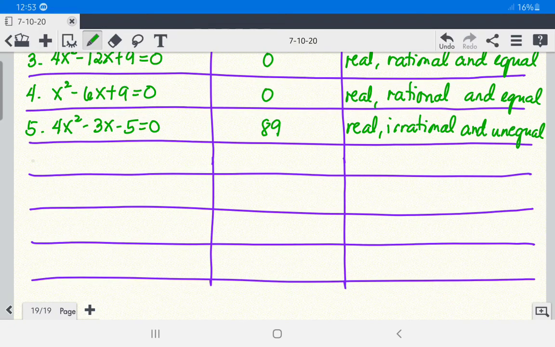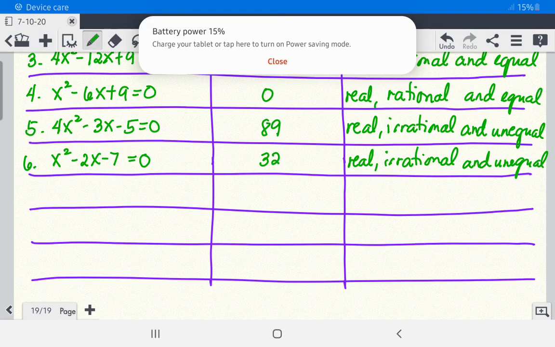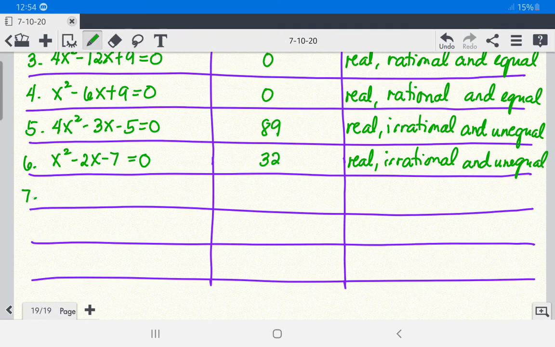Number 6, we have x squared minus 2x minus 7 equals 0. We have a discriminant of positive 32. As you can see, 89 and 32 are greater than 0 but not perfect squares. So, their roots are real, irrational, and unequal. Next, number 7, we have x squared plus 2x plus 6 equals 0. The discriminant is negative 20.